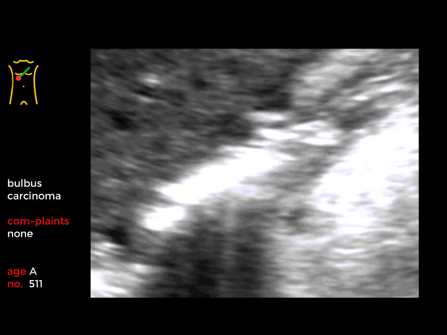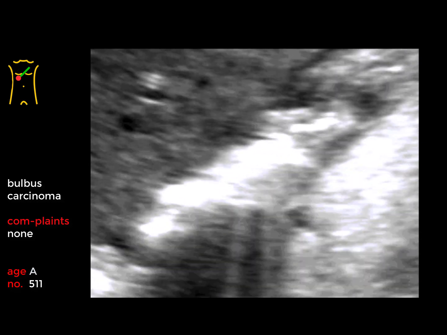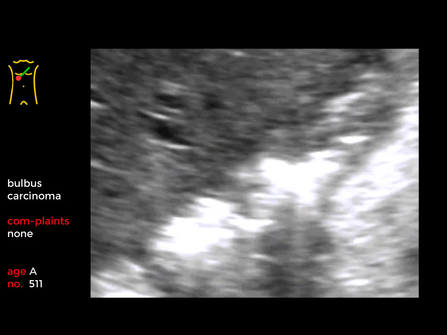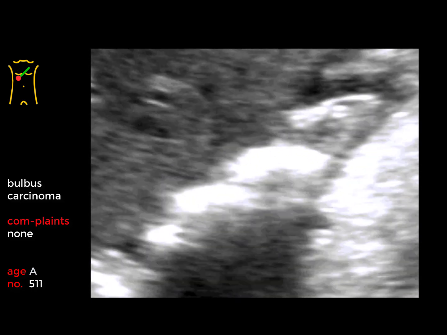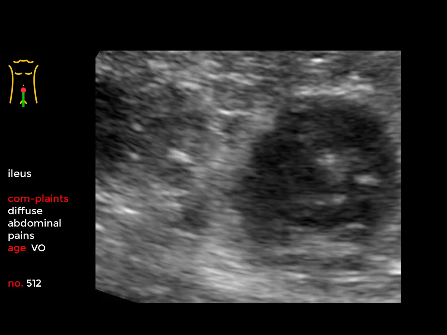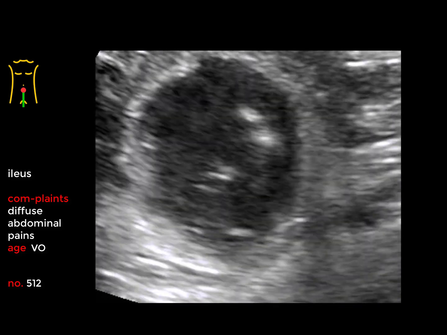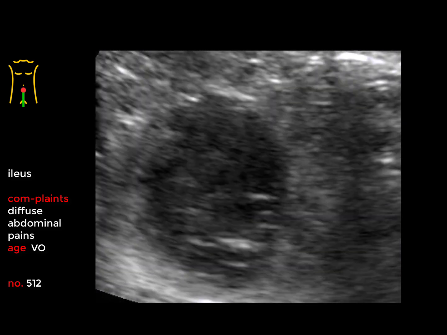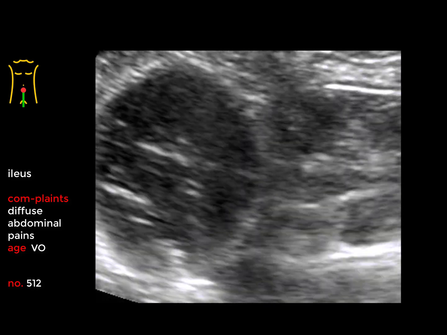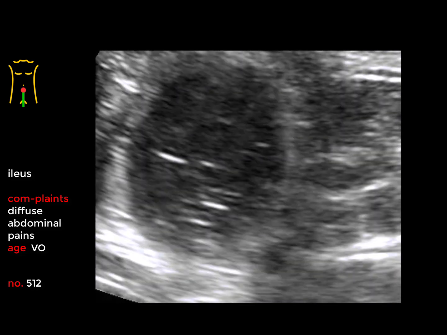But be careful, here in 511, this wall thickening turned out to be malignant, whereas in 512, stenosing Crohn's disease had led to an ileus of the loops further down in the GI tract.